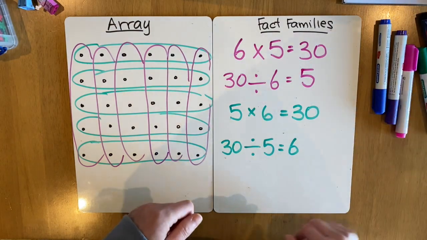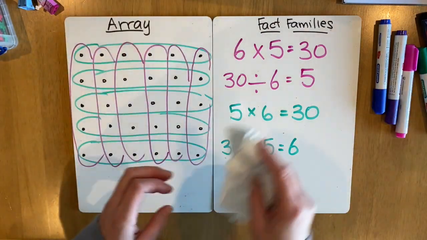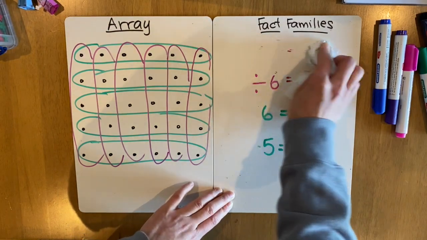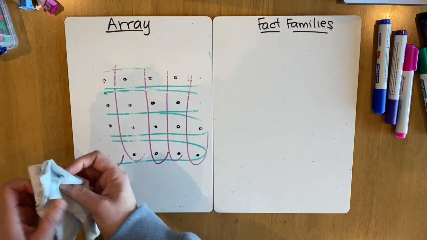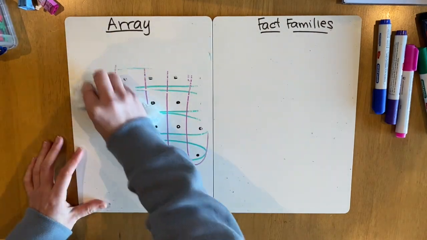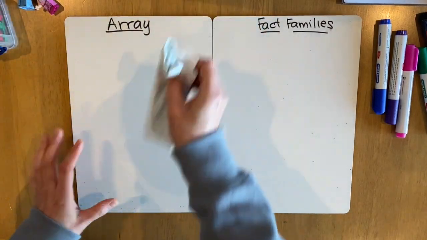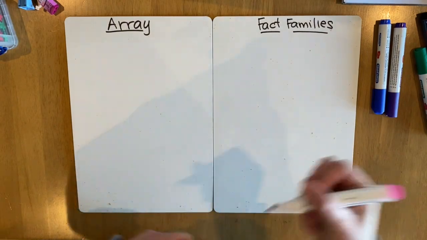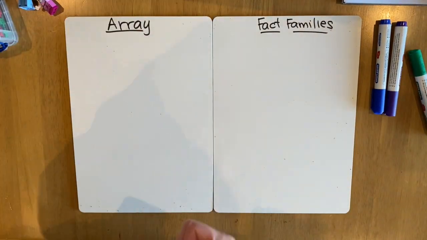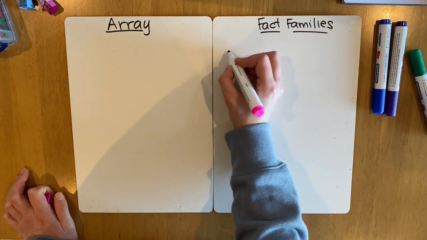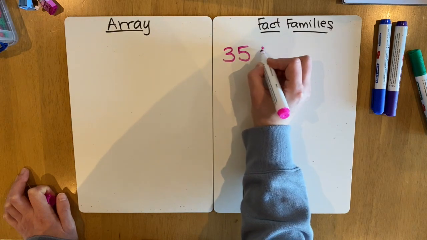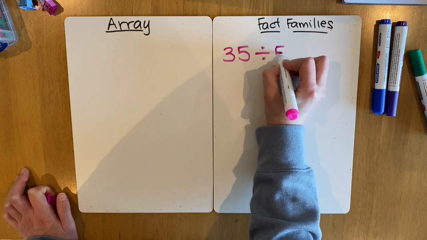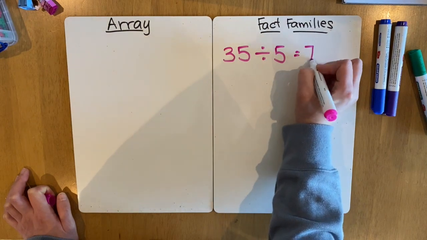We'll do another one. This time it's going to get a bit trickier. We're going to start this one with a division fact rather than a multiplication fact. So this time we are going to start with a division number sentence. And I want you to make the array that matches this number sentence.